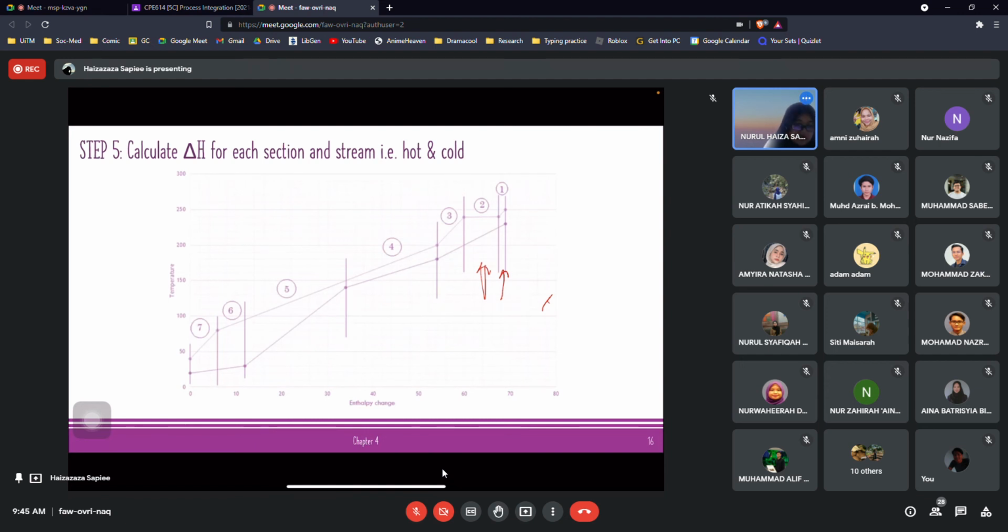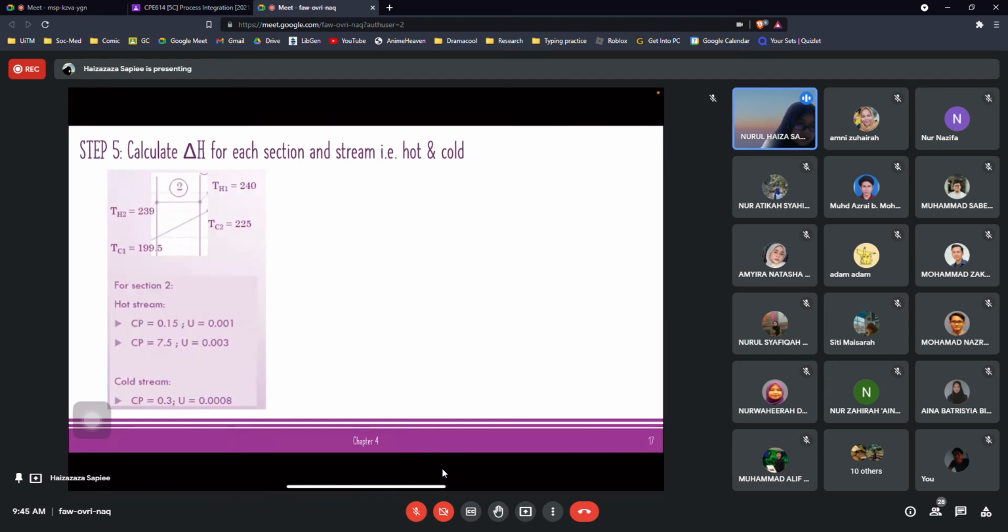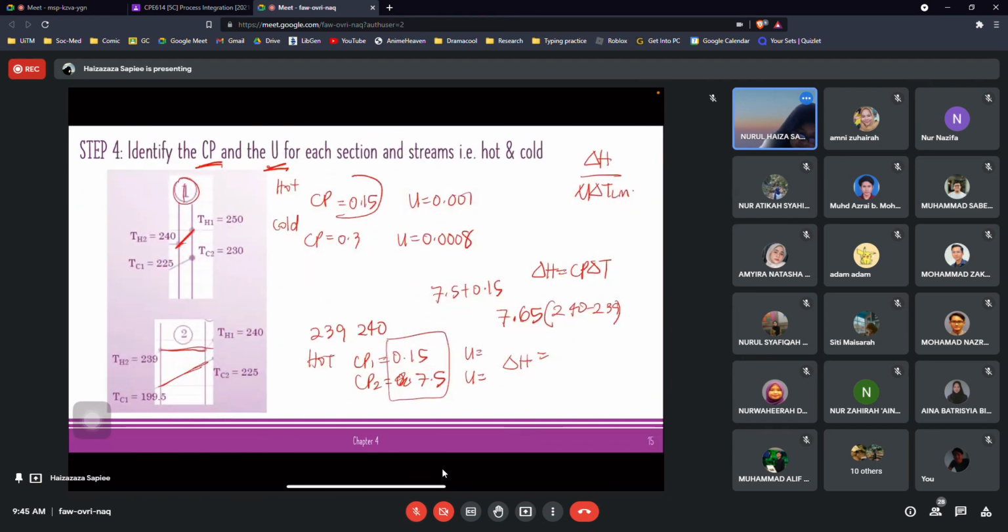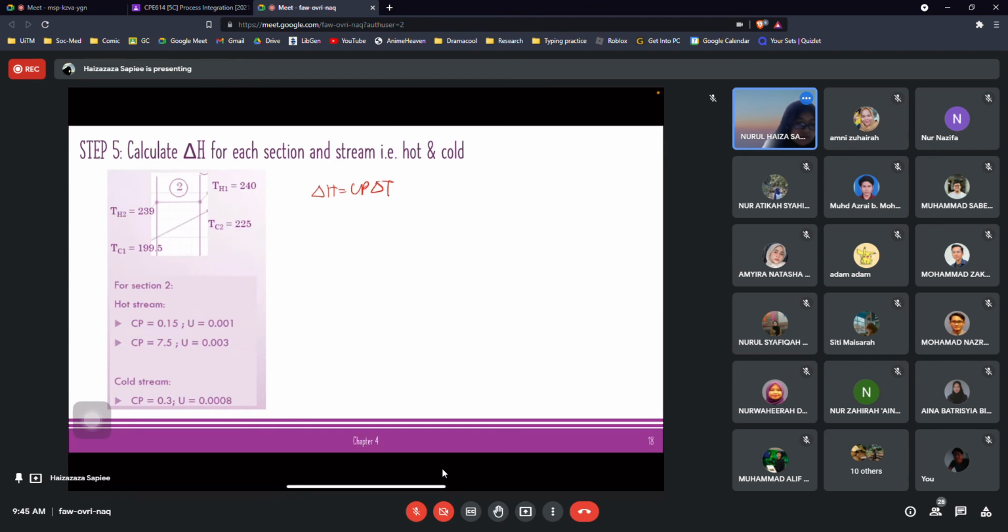So dekat sini contoh dia macam saya sebut tadi lah. So delta H equals to CP delta T. So kalau this one is very straightforward lah sebab your value is only 1. So your hot you get 0.15 times 240 minus 250. Okay. Kalau kat sini dia akan dapat so you ada hot stream 1, which is delta H1, which you get 0.15 times 240 minus 239.